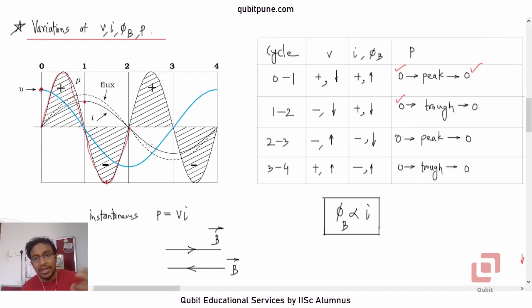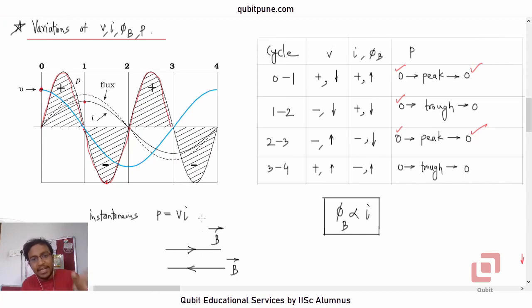So because both are negative, the power will be positive. This indicates the establishment of magnetic field inside the inductor in the opposite direction. So it will be 0 at the end of this, it will peak and it will again go to 0. Alright, and if you repeat the same analysis, we have now completed this cycle.